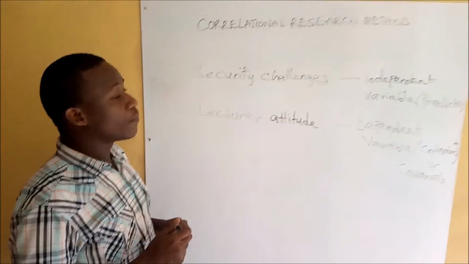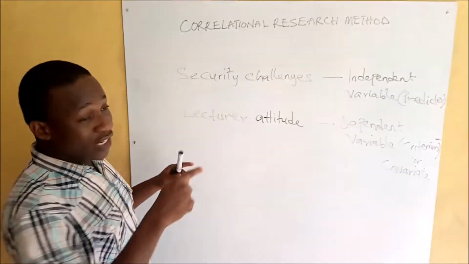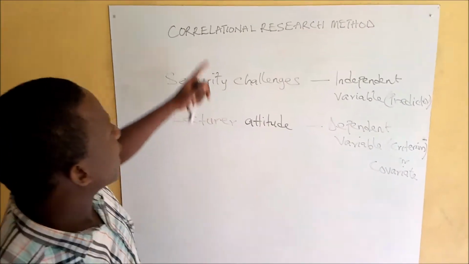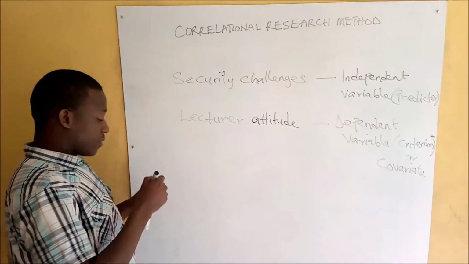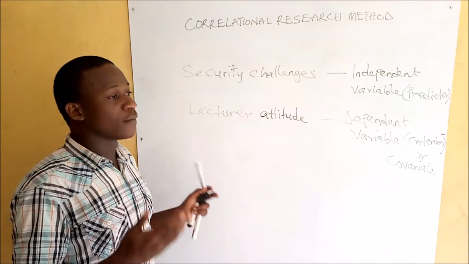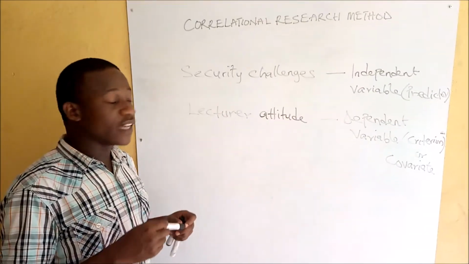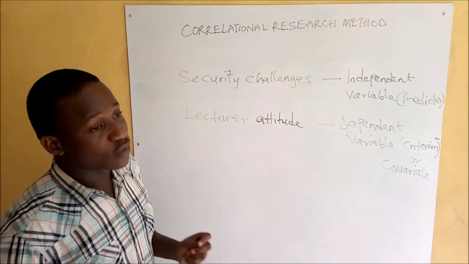Another typical example of a research that can adopt correlational research method is when an individual is trying to investigate the causes of a particular situation.